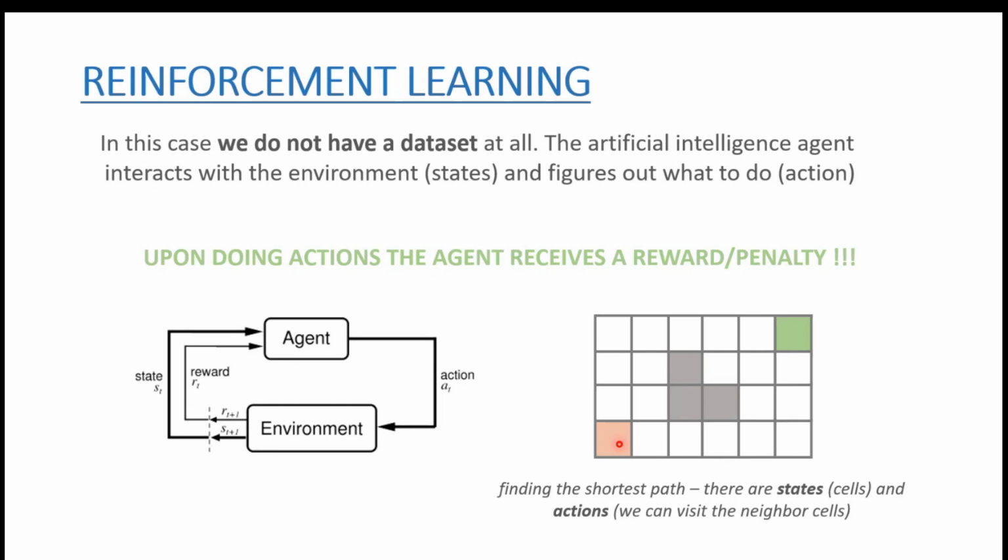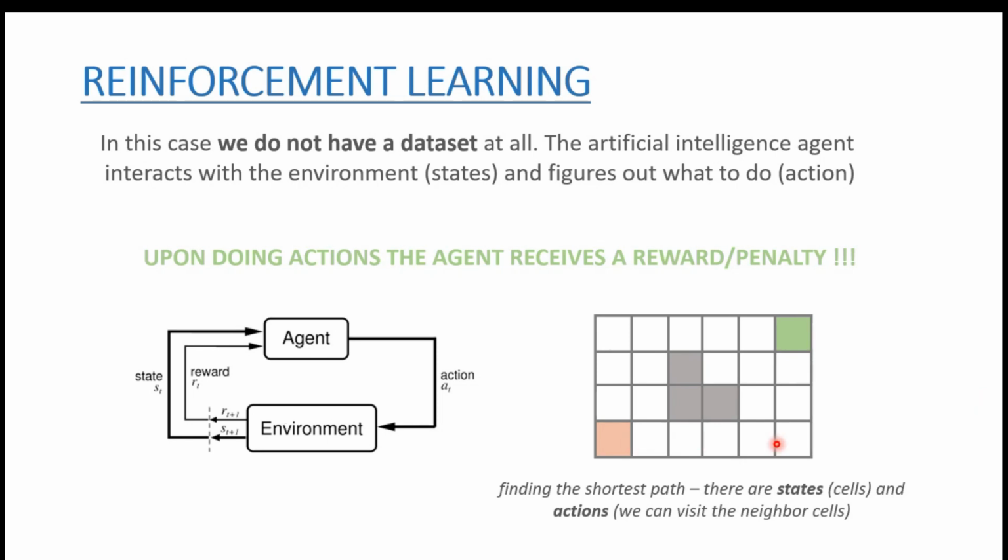The agent means the person or the character, whatever you can take. In real life examples, we can take whatever it is based on the application. So here the agent, the person, is trying to move from here to this point. You can move upward and then take some right, and then you can reach the end, that is green.